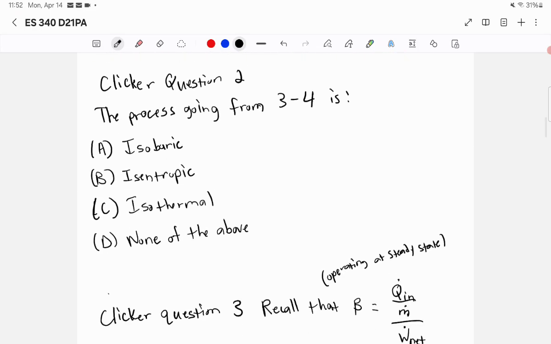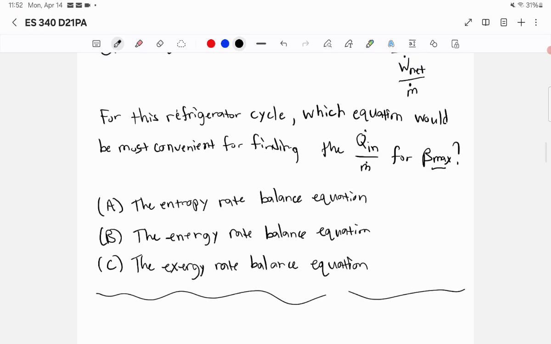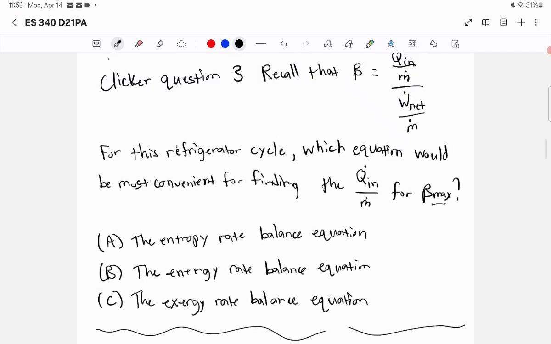Okay, but in any case, divided by the net work in, divided by M dot. For this refrigerator cycle, which equation would be most convenient for finding the Q dot in over M dot for beta max? Now remember, beta is whatever it's actually operating at. Beta max is the theoretical maximum value there.